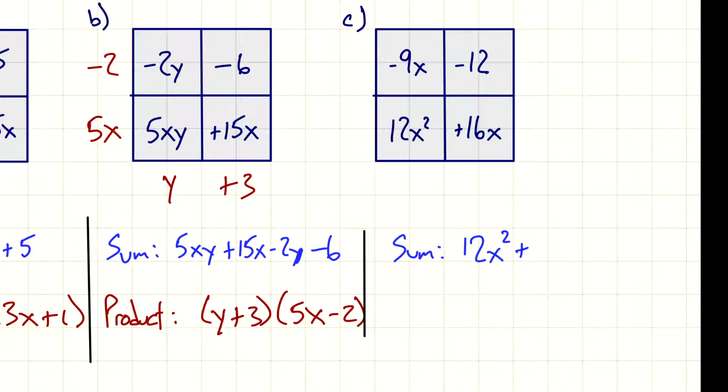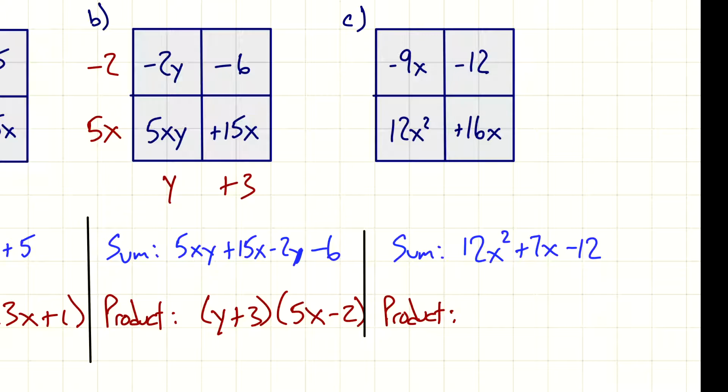So this is going to be plus 7x, and then there's a minus 12 at the end, which is going to be this term. All right, and so the hard work is the product. So as we write our product, we're going to need to figure out the bottom terms or the terms on the outside. So 9x and a 12x squared.